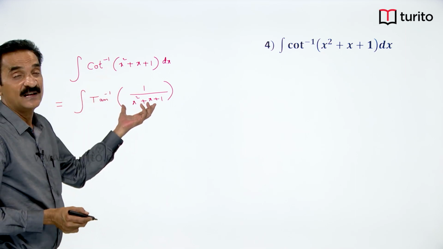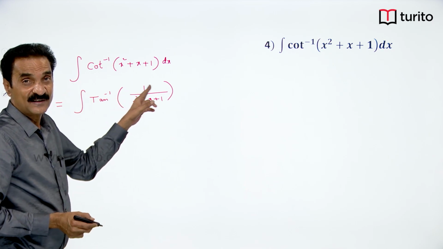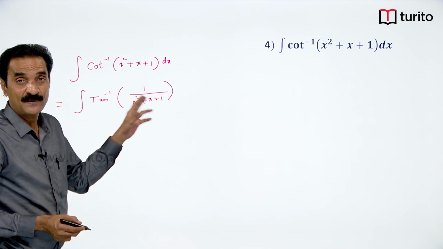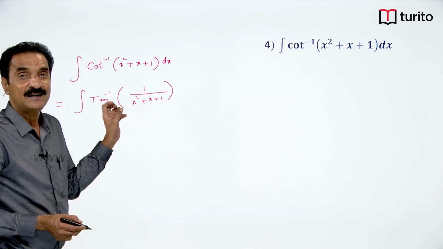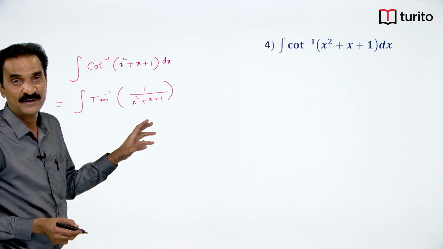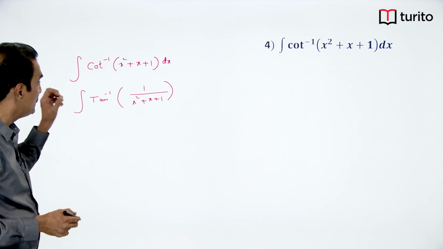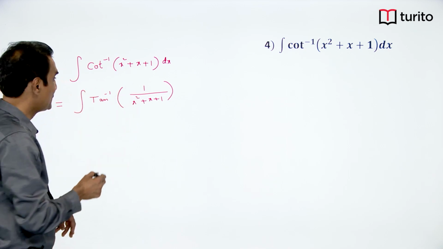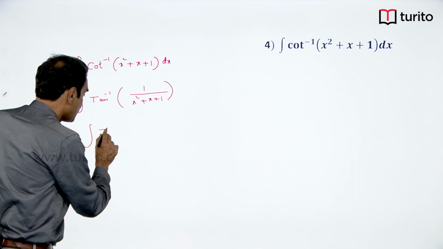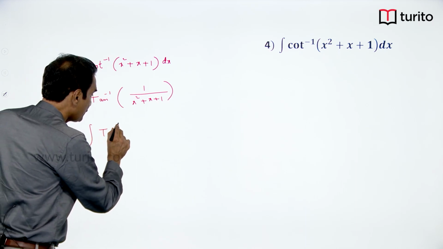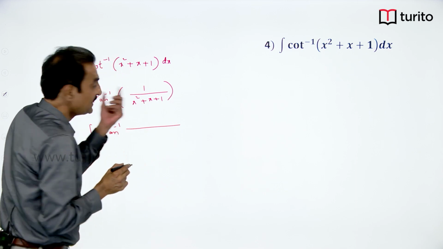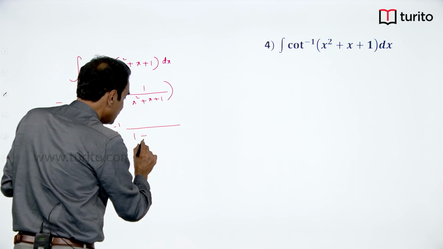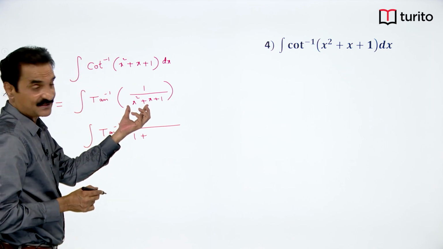Now, we write this as tan inverse of x minus y by 1 plus xy. What is the formula of tan inverse of x minus y by 1 plus xy? Tan inverse x minus tan inverse y. We are going to apply that formula. For writing this as x minus y by 1 plus xy, observe the denominator, we should write it as 1 plus xy. 1 is already there. We have to write remaining as a product.